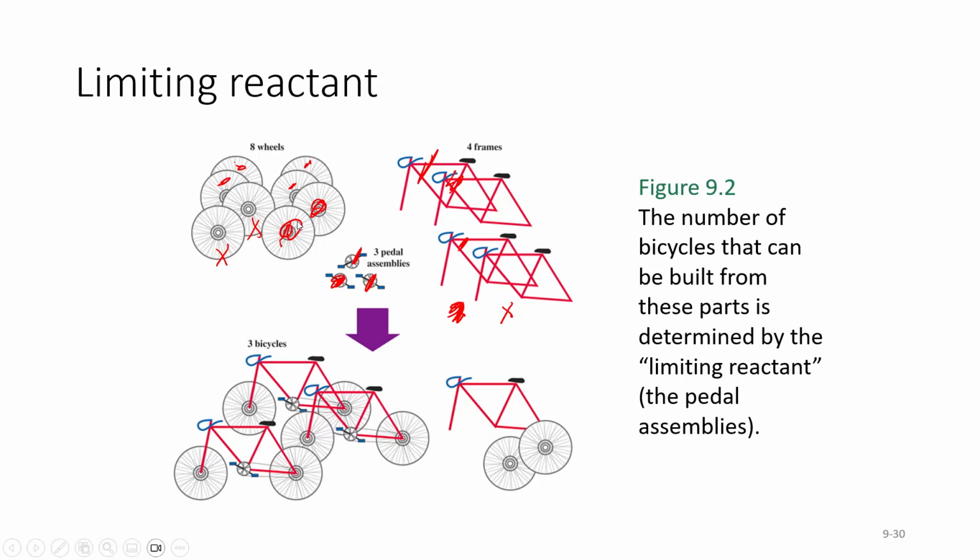Well, we can produce 4 bikes based on the number of wheels. But how many bikes can we produce based on the number of pedal assemblies? We can only produce 3 because we only have 3 pedal assemblies. So in order to produce full bikes, the most bikes we can produce is the one with the least number of ingredients. The lowest number is going to be what we can theoretically produce.